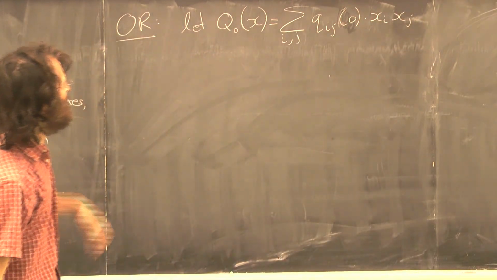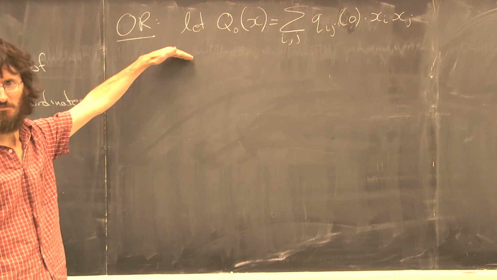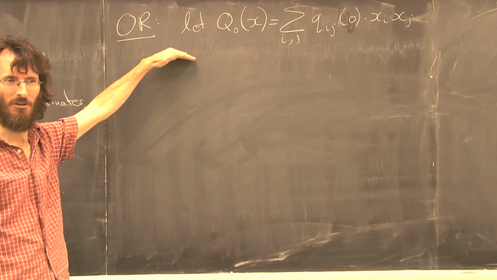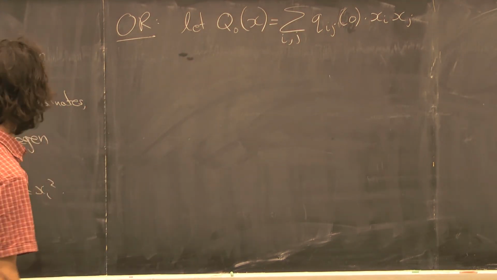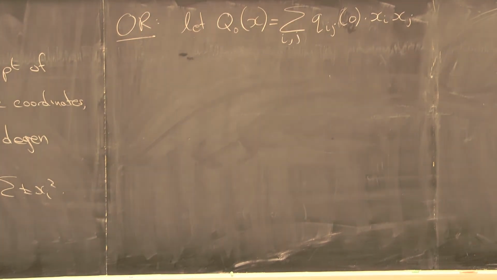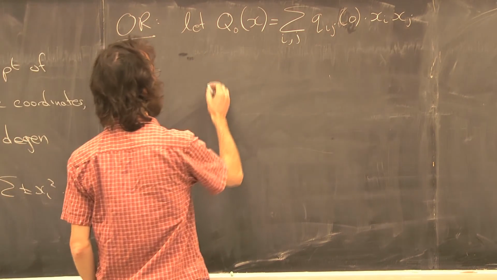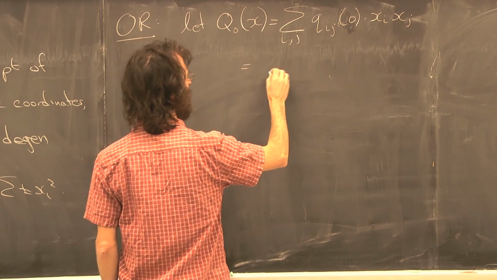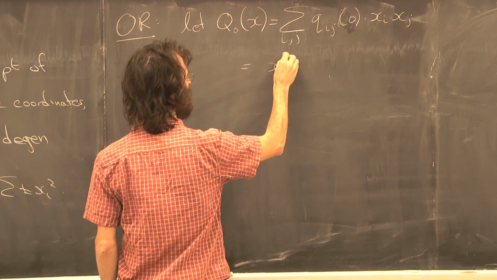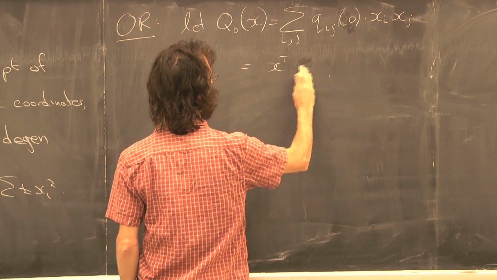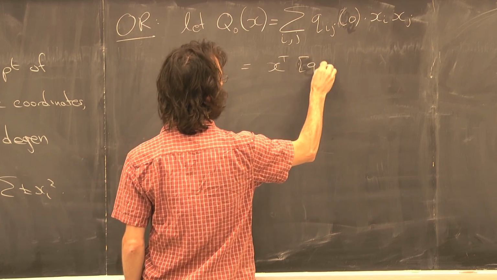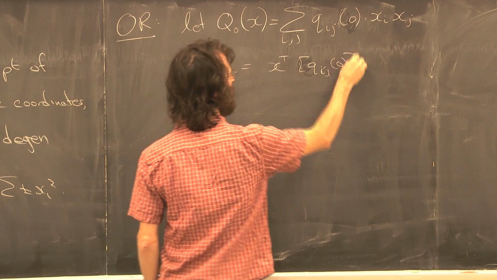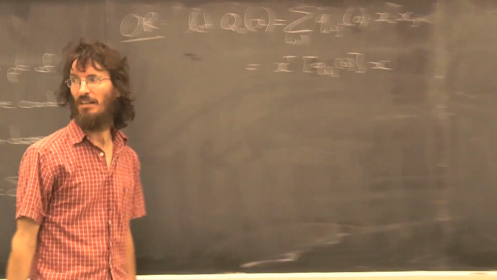So that's the actual bilinear, a degree 2 polynomial bilinear form coming from this 2 by 2 matrix. Right? You can also think of this, equivalently, as x transpose q_ij.